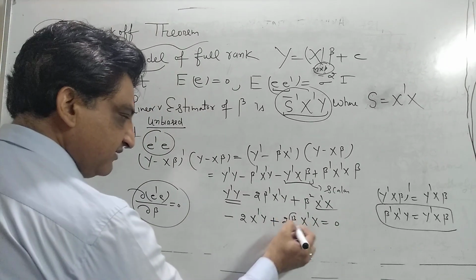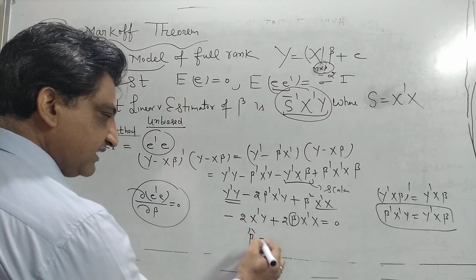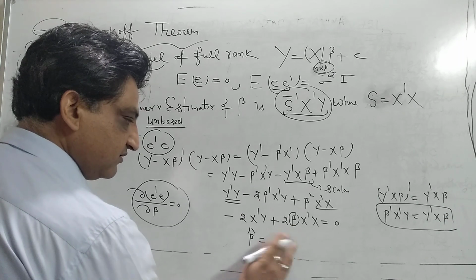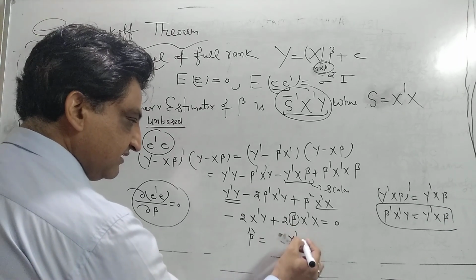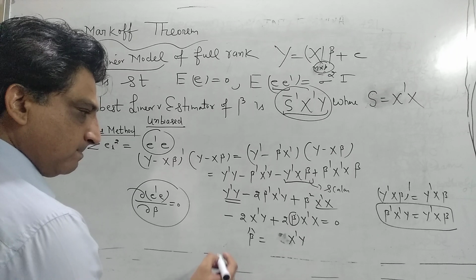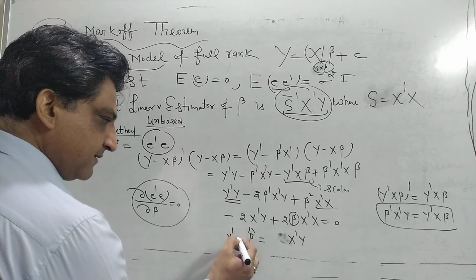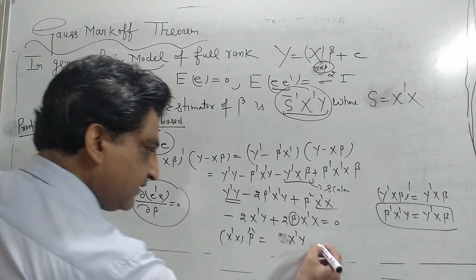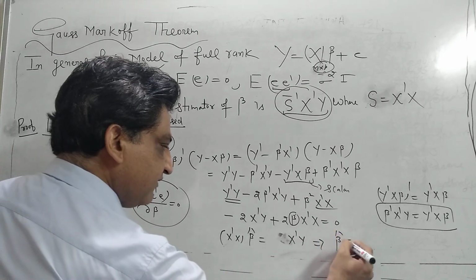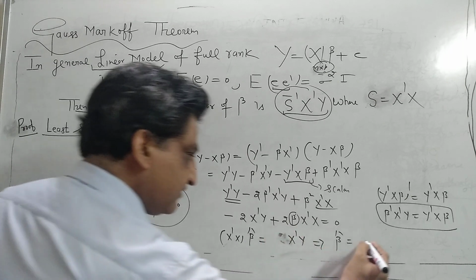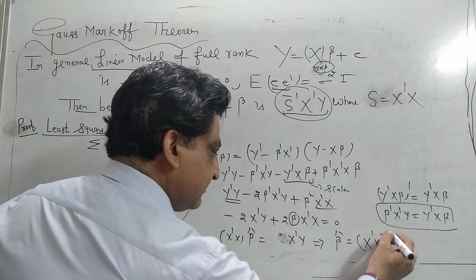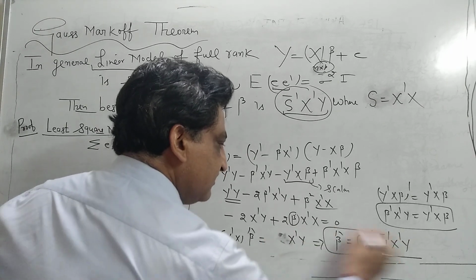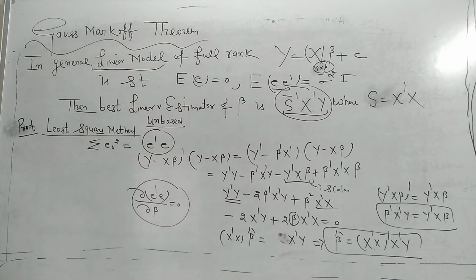So I will find β, which I call β cap. The 2 cancels, and X'X goes to the other side as an inverse. This implies β cap is (X'X) inverse X'y. So this is my ordinary least squares estimator, OLS.